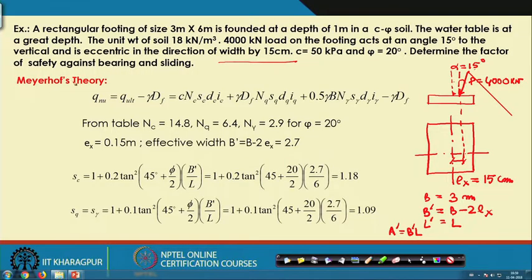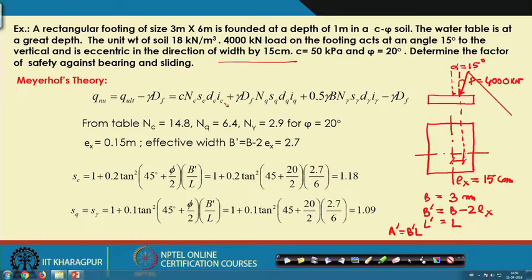The remaining 4 theories we are using here, and let us see how we can use the different theories under this eccentric and inclined loading condition. First, the Meyerhof's theory, where we are using the net ultimate bearing capacity. This is the expression of the Meyerhof theory. Sc, Sq, S gamma and Dc, Dq, D gamma and Ic, Iq, I gamma are the shape factor, depth factor and inclination factor.